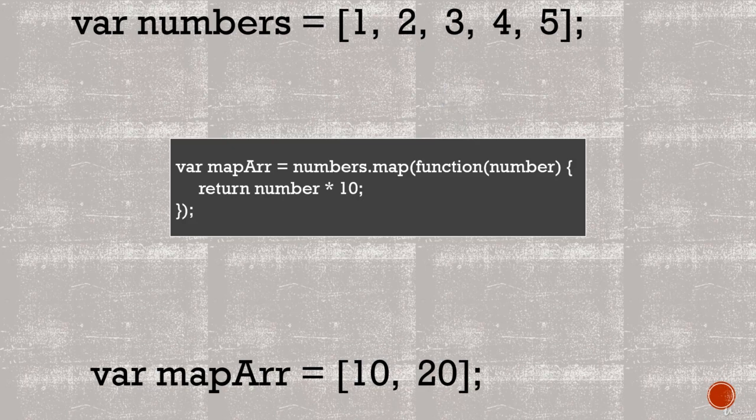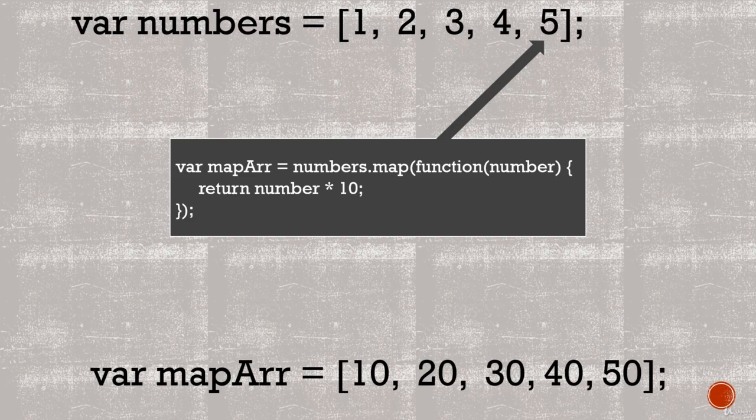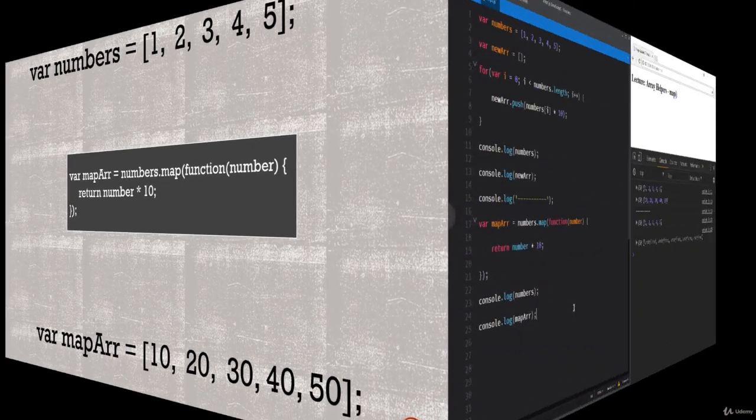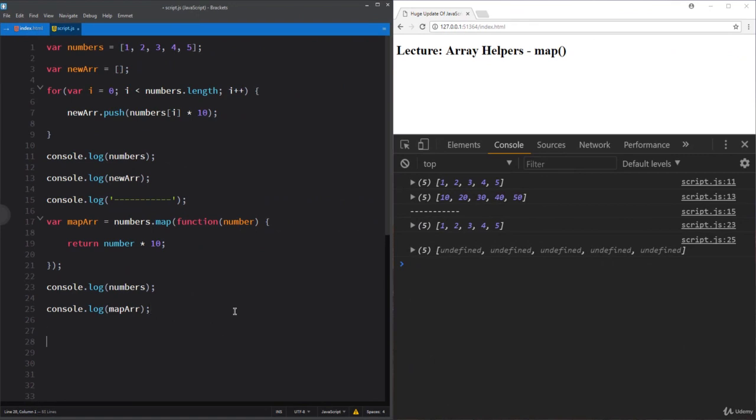And in the same way, the function is executed for the third item, then for the fourth item, and for the last item, which is 5, and all the results are added to a new array. Again, remember that when we use the map array helper, the original array is maintained as immutable, which means that it's not changed. Make sense?